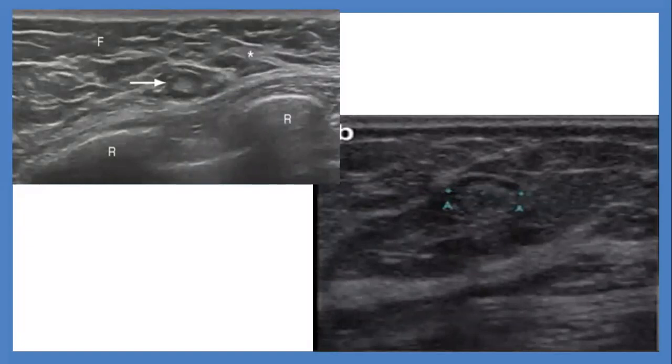how you are going to describe this intramammary lymph node. It's an oval shape with preserved hilum. Oval, well circumscribed, with preserved fatty hilum, and normal cortical thickness.